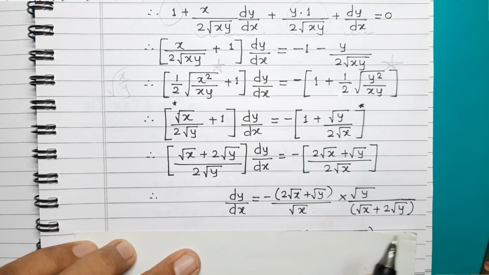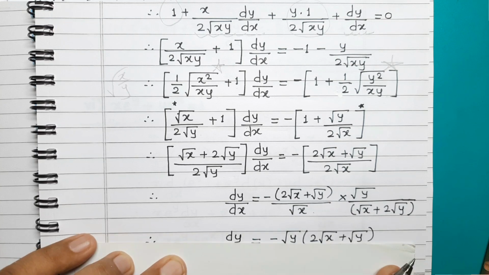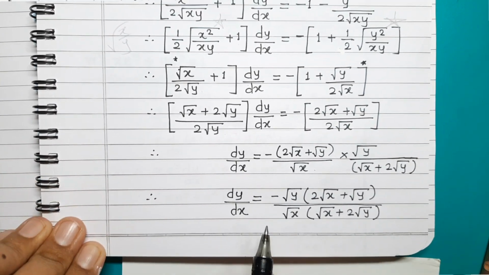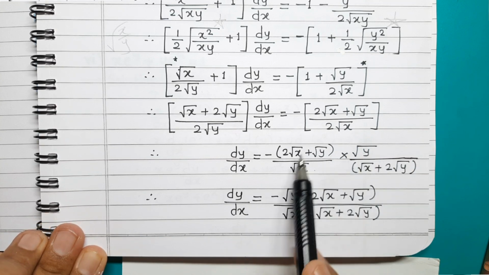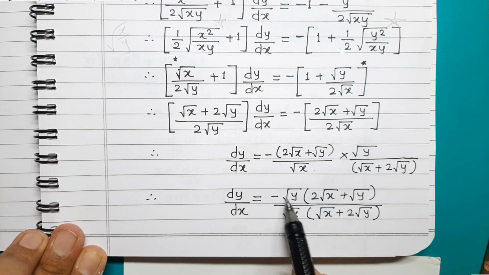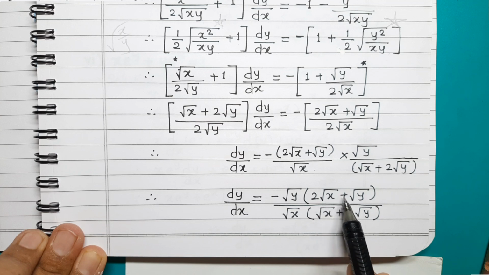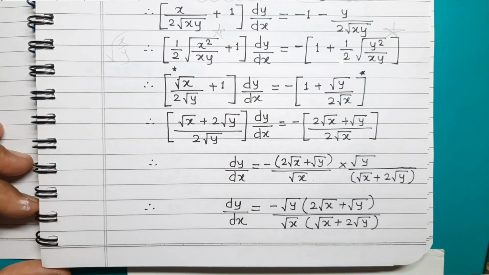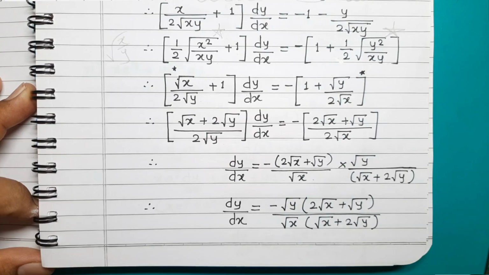Okay, and now just rearranging these terms we will get the required derivative. See, dy by dx is equal to, rearranging these terms, minus root y into 2 root x plus root y, upon root x into root x plus 2 root y. See, the example is quite lengthy but it is not difficult at all.